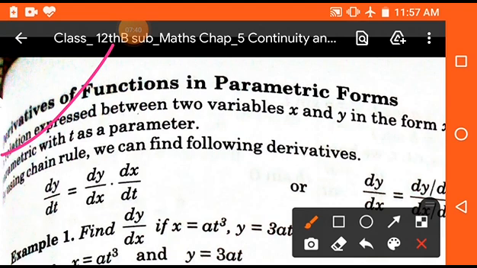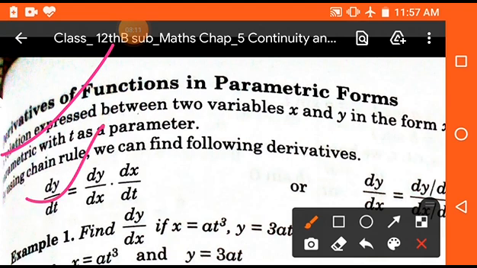For example, if y is equal to sin theta and x is equal to cos theta are given, that means here x and y both are functions of theta. So such types of functions are called parametric form. Clear?